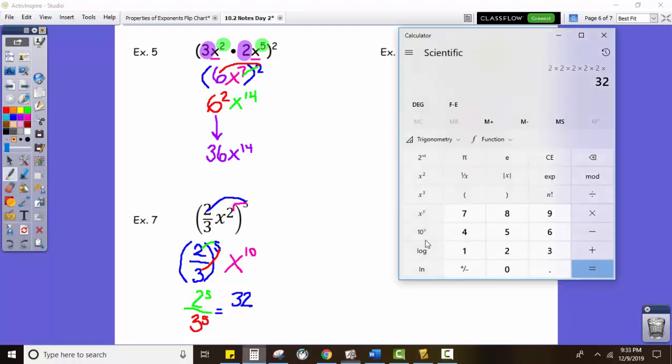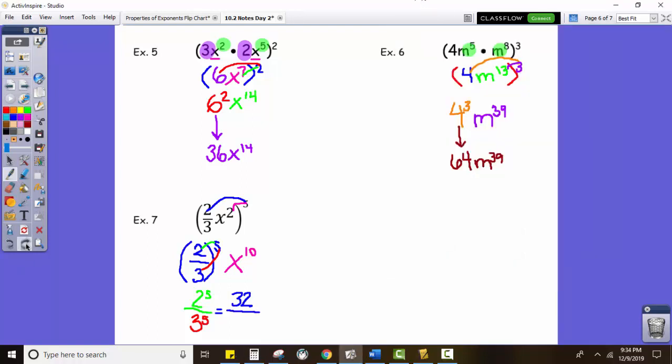Okay, and then 3 to the 5th, 3 times 3 times 3 times 3 times 3 equals 243. And I'll bring down x to the 10th. And that would be your final expression. So it looks kind of messy, but that's just because 2/3 to the 5th power is this complicated fraction here.